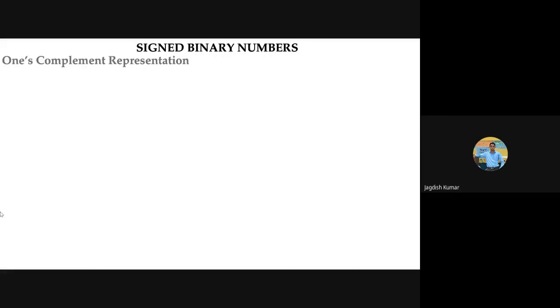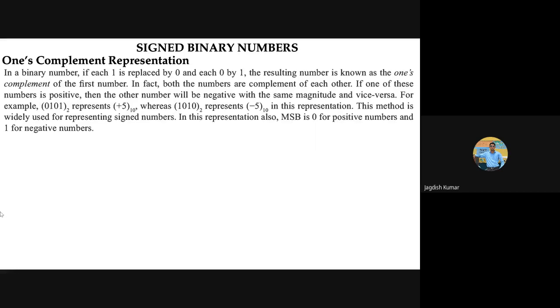Now, the next thing. These examples we did. The next thing we want to discuss in detail is another representation, which is one's complement representation. First let us define how the one's complement of any binary number is defined. The one's complement of any binary number is the number obtained by replacing all its zeros with 1 and all its ones with zeros.